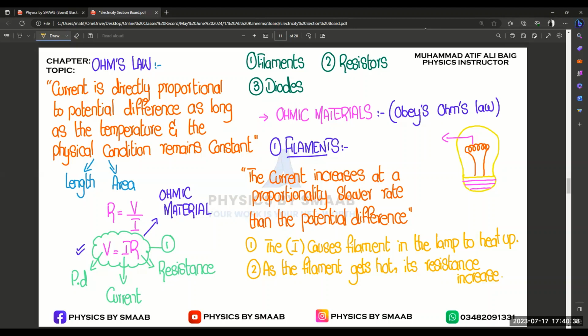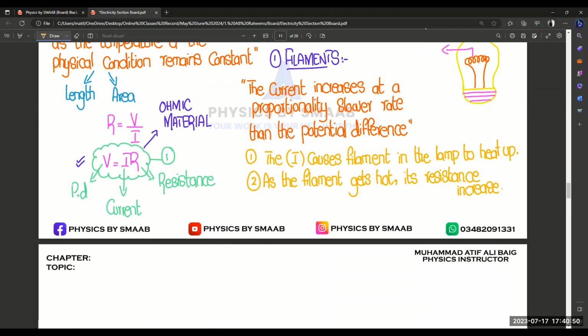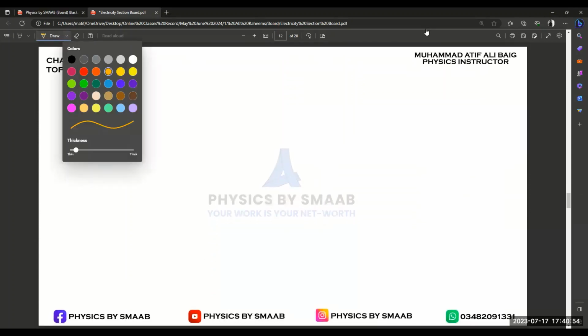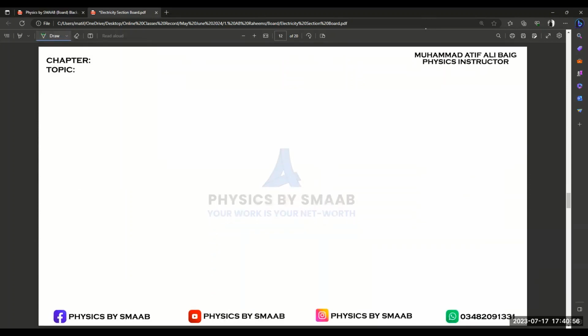Any confusion? Okay. And if we talk about the graphical representation, okay, before the graphical representation, let's talk about one more component, then we will continue with the graphical representation.